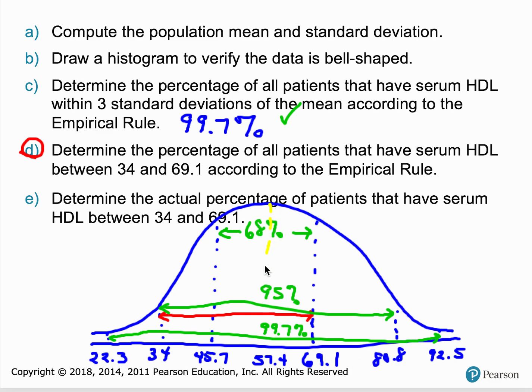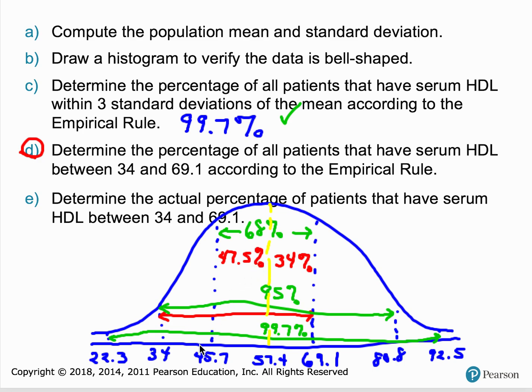All right, so this is the mean. Okay, so notice what that means. Half of 68% is this much. So I know that that's 34%. Half of 68%. And then this chunk over here is half of 95%. Half of 95, what's that? 47.5%.